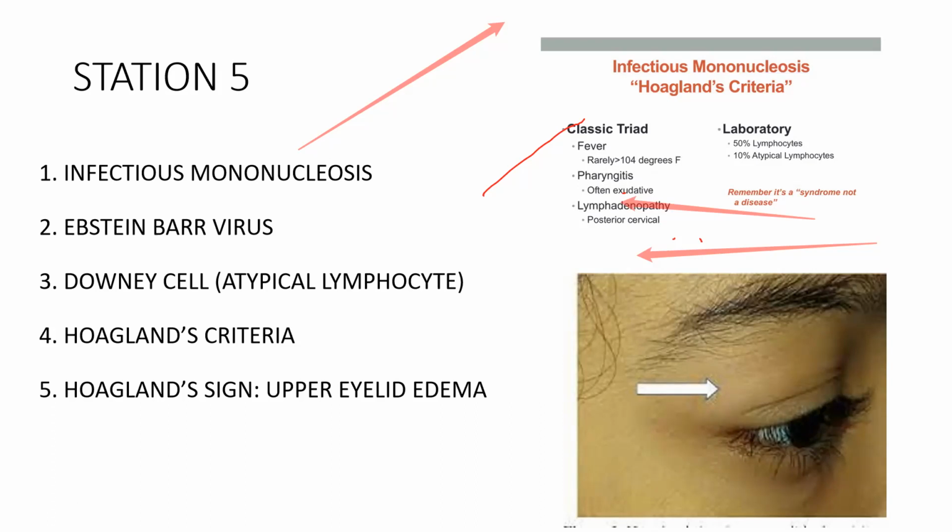And in the same scenario, there will be lymphocytosis, more than 50% lymphocytes, and atypical lymphocytes, and that lymphocyte is called Downey cell. And as in the picture, you can see there is edema in the upper eyelid that is called Hoagland's sign.